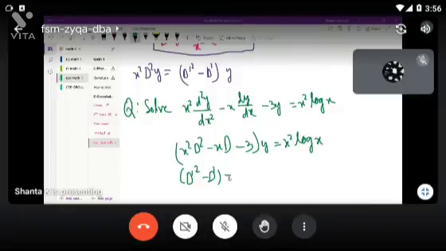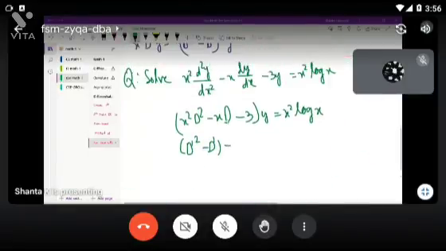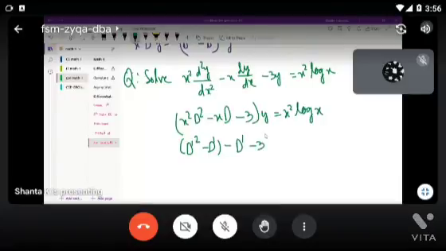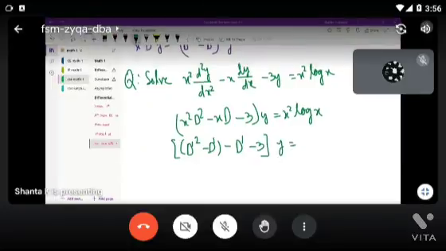So minus xD, so xDy will be D', minus 3y. So here we have x squared log x. So t is log x, okay, and x is e power t.